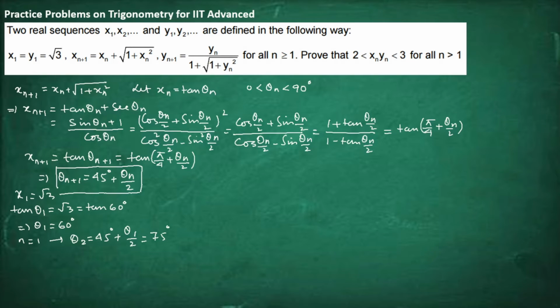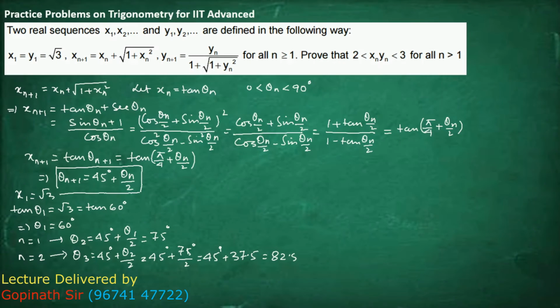Is it clear? Now if I put n equal to 2 in the derived relation, we are going to get theta 3 as 45 degrees plus theta 2 by 2, that gives us 45 degrees plus 75 degrees by 2, so plus 37.5, that gives you 82.5 degrees, right?